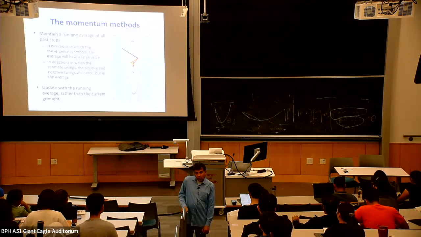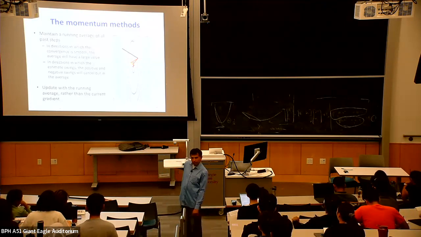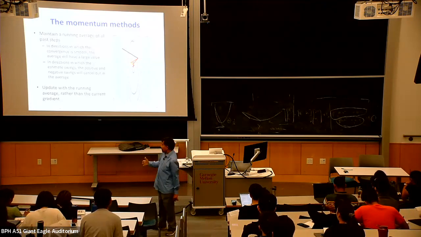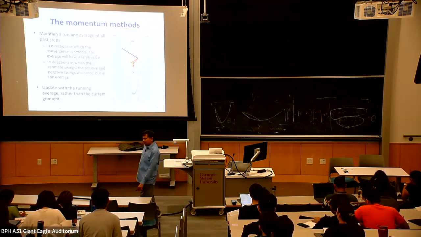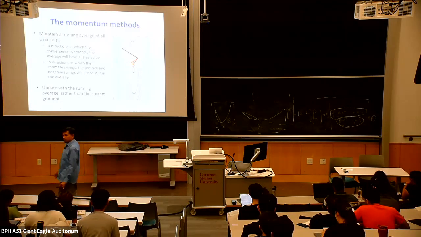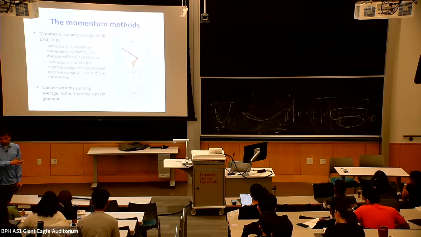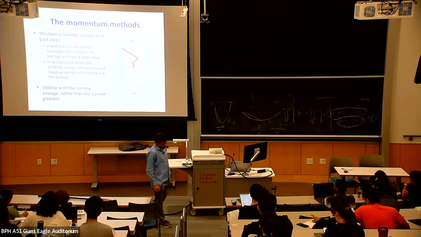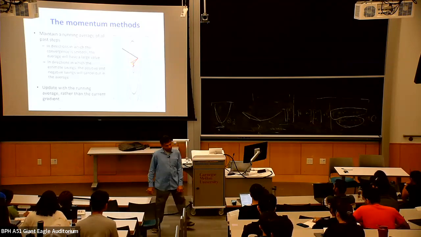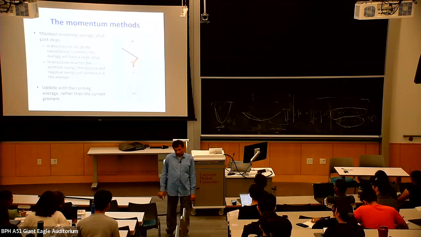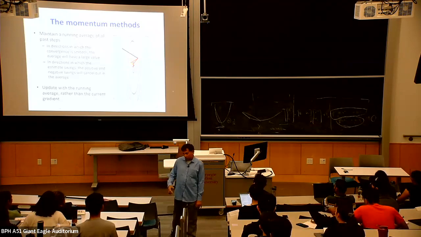The way we will do it is to use a running average of the derivative in each direction. You want to maintain a running average of all the past steps. If I'm taking steady steps in some direction, then the running average is going to keep giving me a positive value in that direction. Whereas if I'm going back and forth and back and forth, then the positives are going to cancel out the negatives, and my steps are going to get smaller and smaller in that direction.